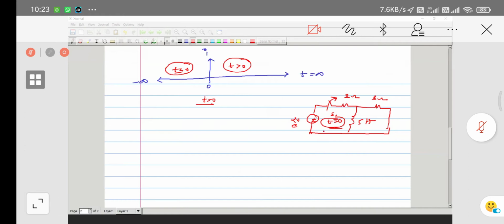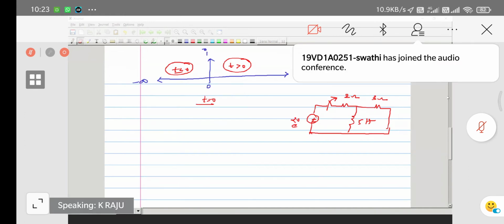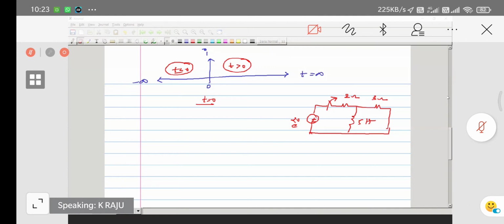Here my circuit has a 2 volt source, a 2 ohm resistor, a 3 ohm resistor, and a 5 amp source. Initially the switch is closed for a longer time, and now it is opened at t equal to 0.